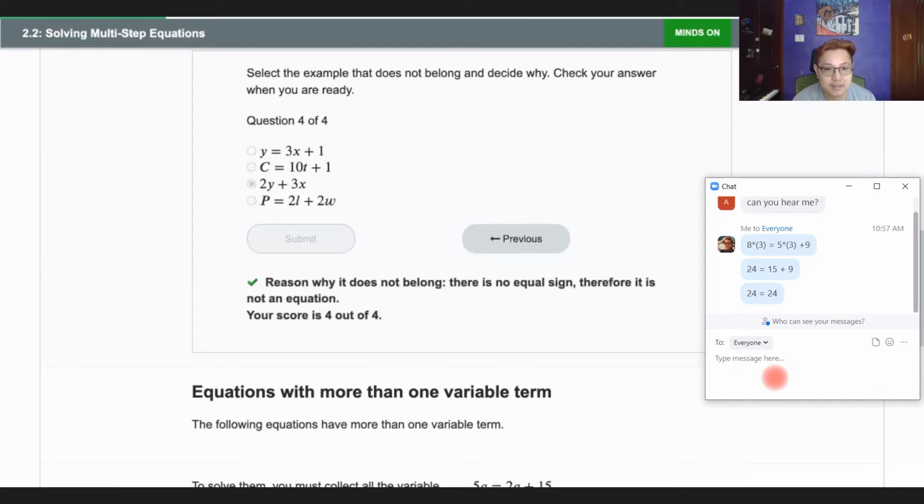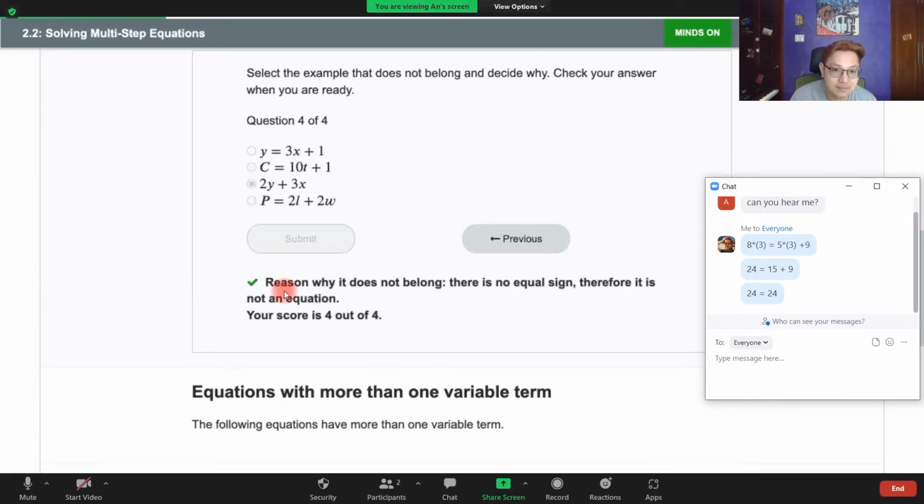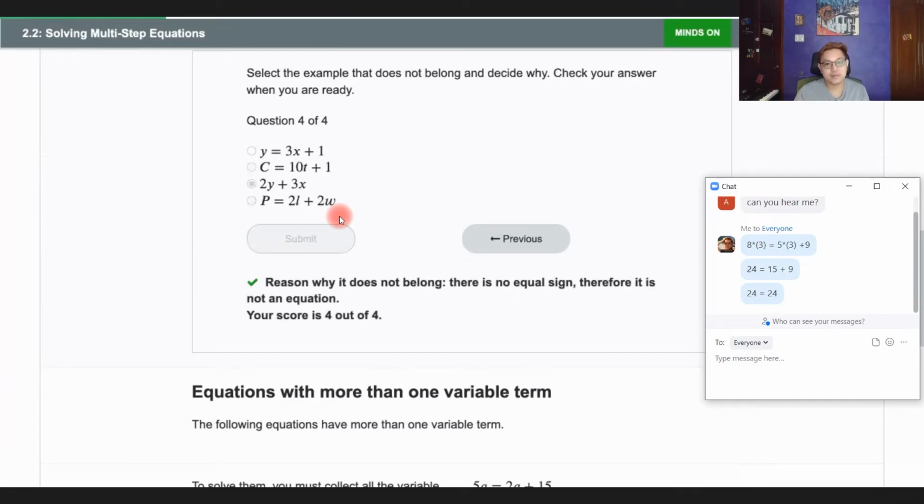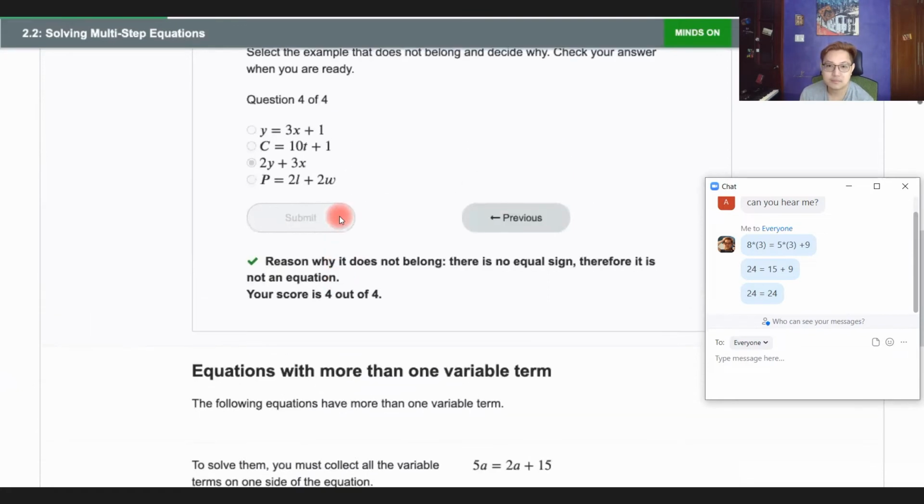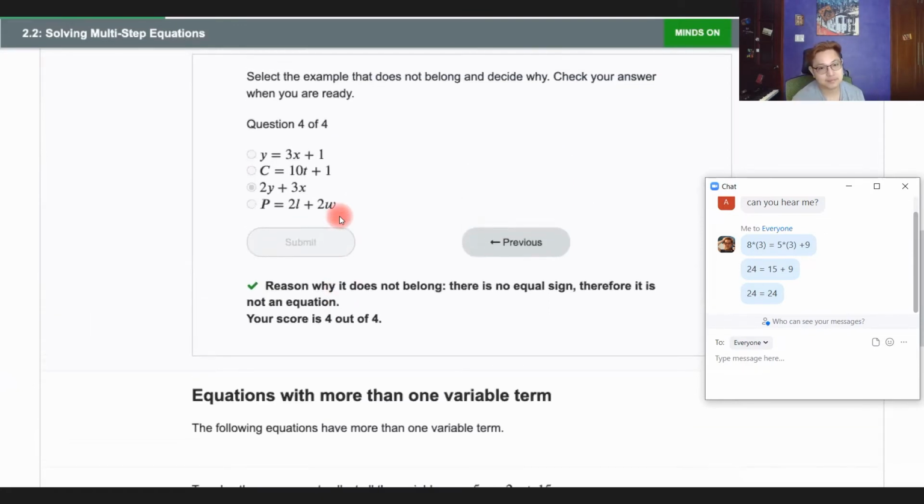So basically there can be so many letters now, so there can be more than 2 variables, like 2L plus 2W, for example, and then P and C and weird things. But anyway, 2y plus 3x doesn't have an equal sign, so it's not an equation.